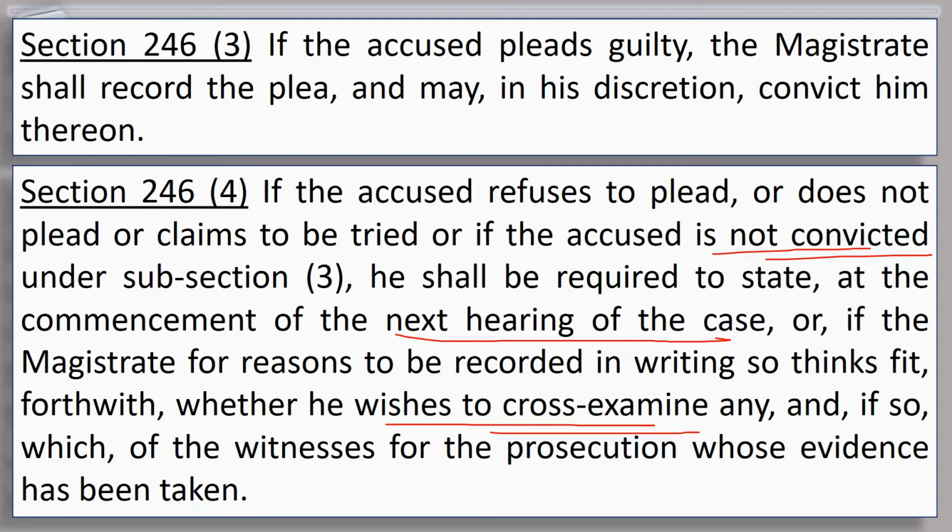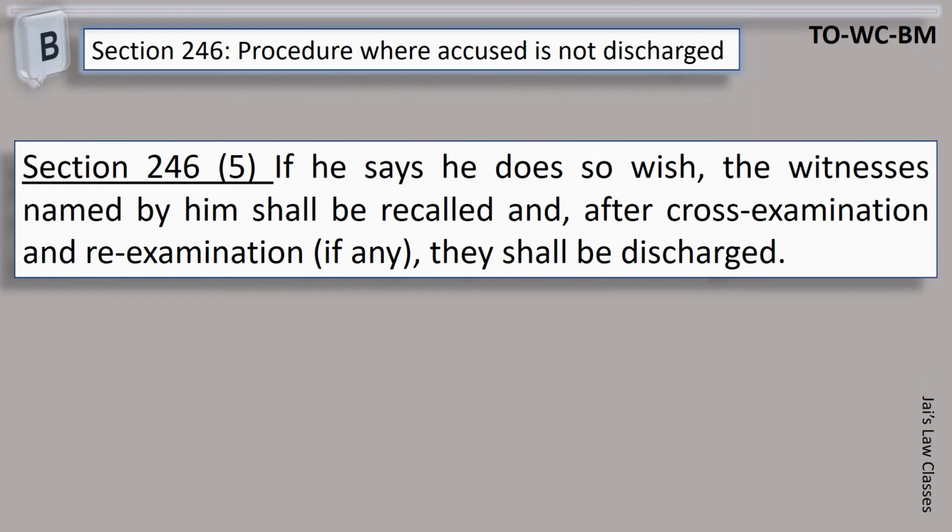And subsection 5 says, if he says he does so wish, the witnesses named by him shall be recalled, and after cross-examination and re-examination if any, they shall be discharged. So subsection 5 is informing us that the accused can name the witnesses that he wants to cross-examine or re-examine, and after that they will be discharged.